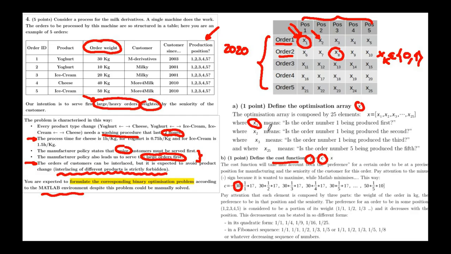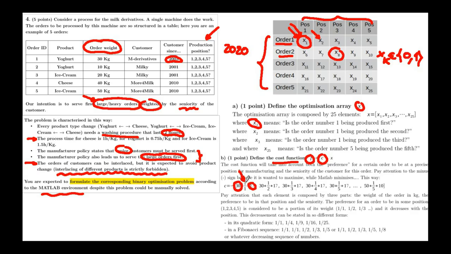So it's very good to make order number 1 be produced first because it weighs 30 kilograms. And then, what about the seniority? It's 2020 minus 2003, so it's 17 years. That's why I make the product, and how good it is to put order number 1 in position 1: 30 multiplied by 17.